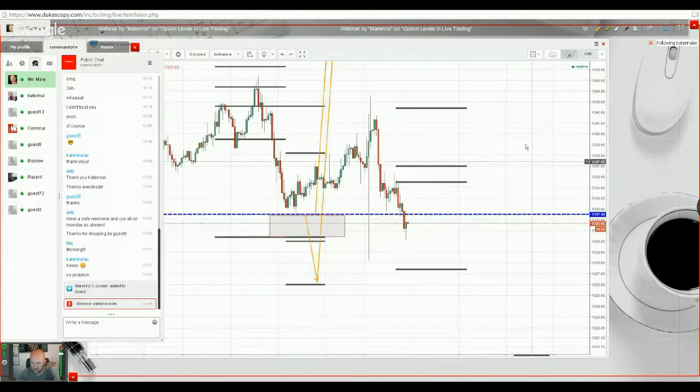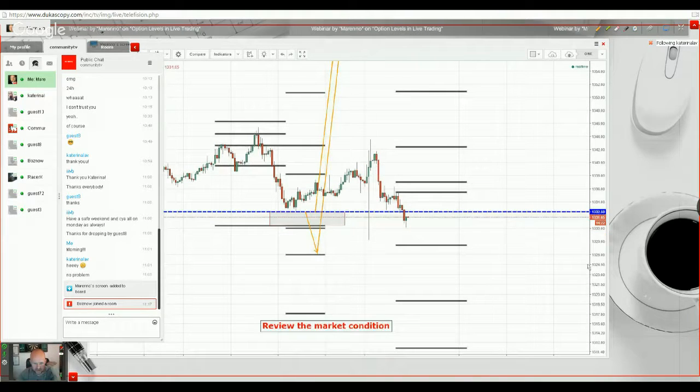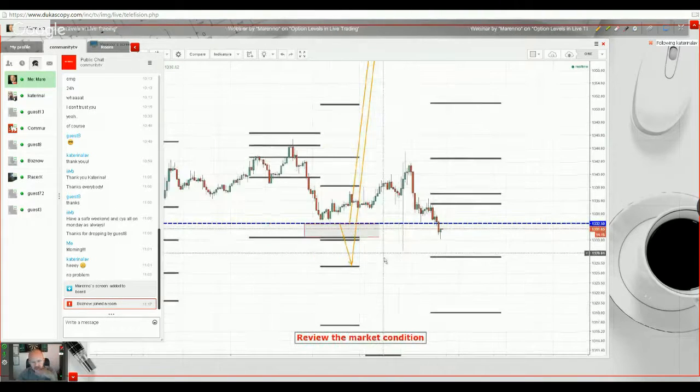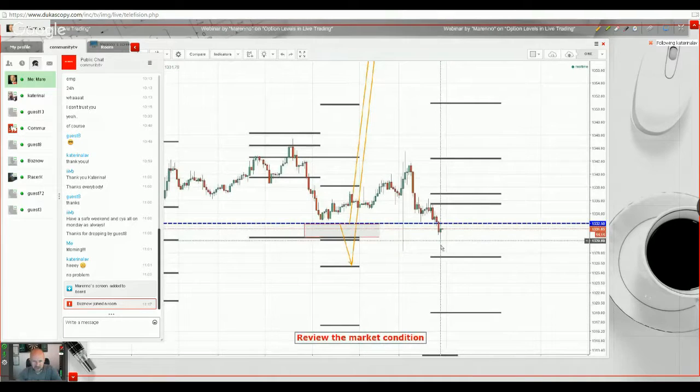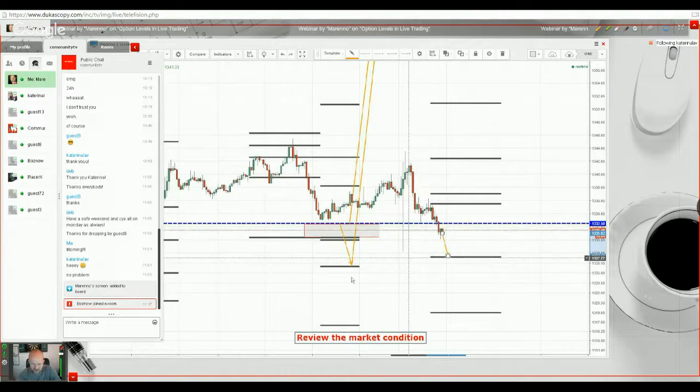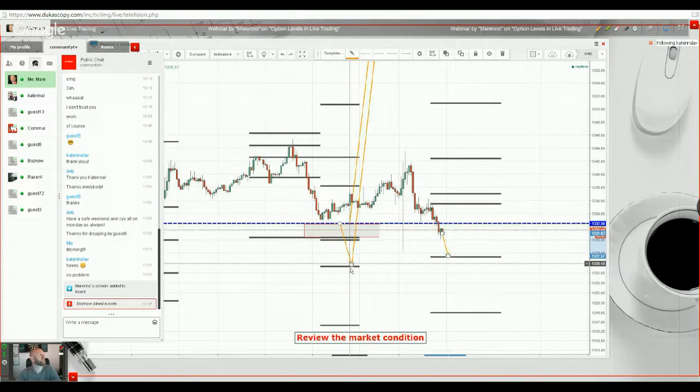Okay, so this is a balance line, 1332, one of the balance lines here. I do expect about the same thing that happened yesterday. The price is going down, it's actually approaching this level here. As you can see, the level has changed a little bit, so not waiting for that deep move anymore.